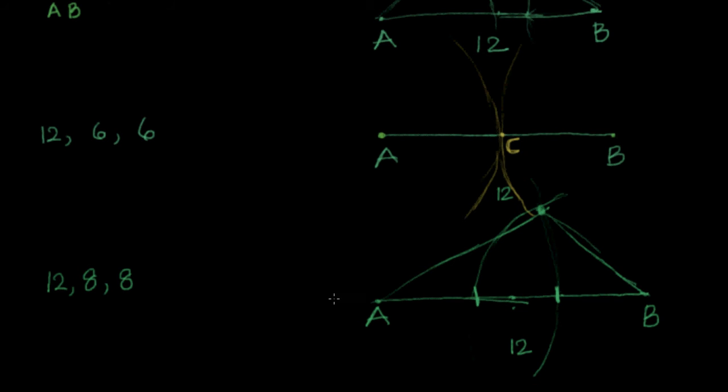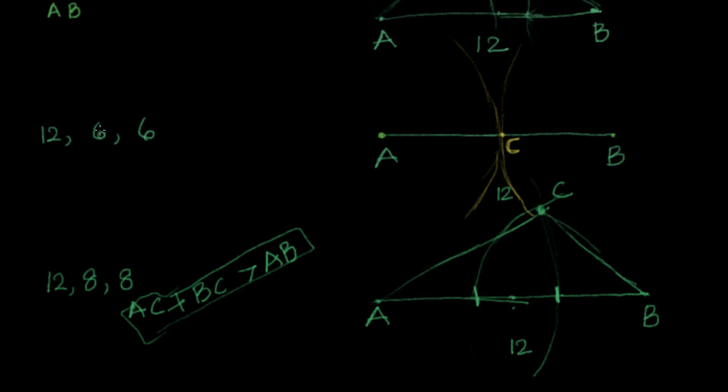So the point is, the triangle will form only if AC plus BC is greater than AB. If we want to generalize, any two sides' sum should be greater than the third side, then only you can form the triangle.